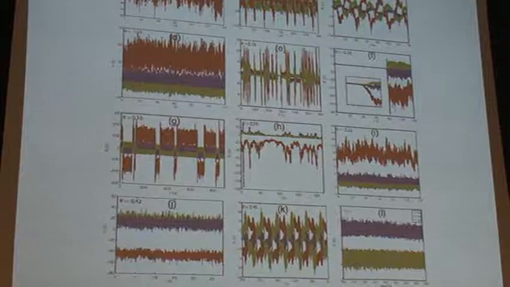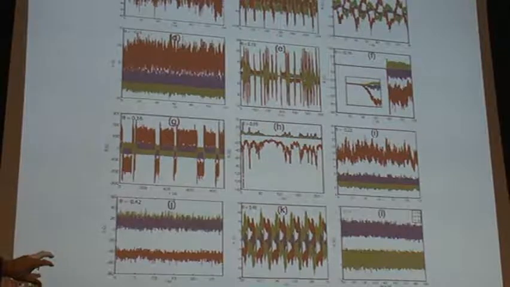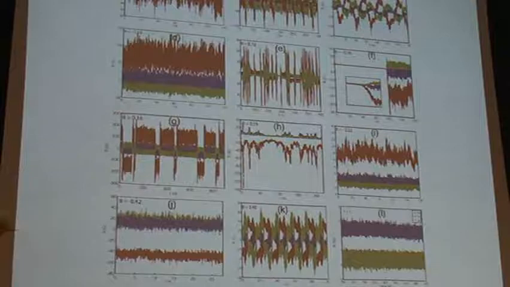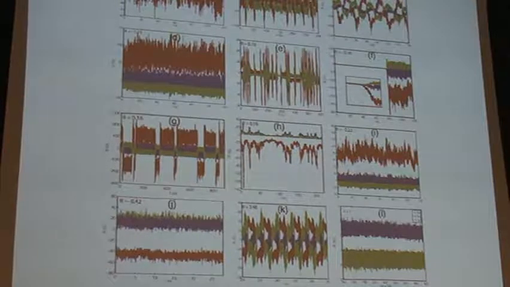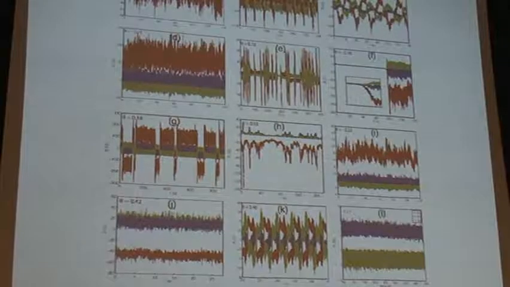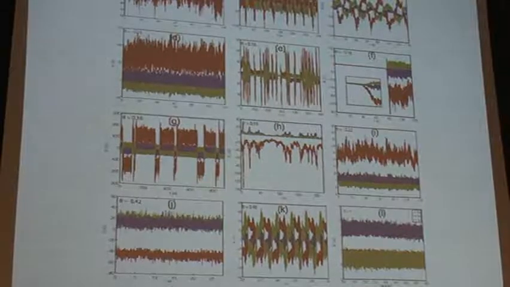before I go into a more detailed description, there's something we like particularly here, which is the fact that these happen in a small region of parameter space. You don't have to change the parameters a lot to get various kinds of dynamical behavior for a dynamo.